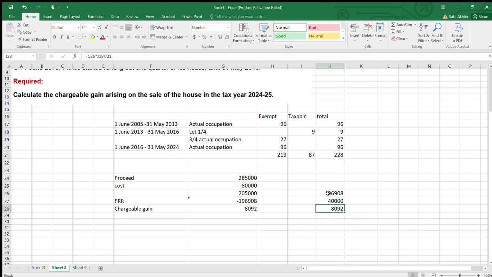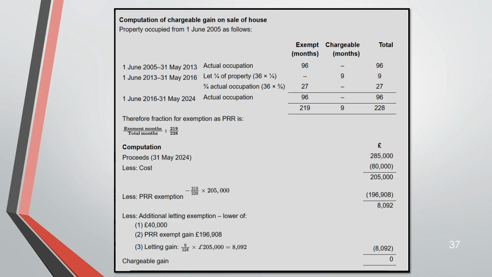So which one is lower out of these three? It's 8092. So the entire thing is reduced by the letting relief and you are left with 0. No chargeable gain. So this is the answer for activity 5 with the letting relief, having a chargeable gain of nil.